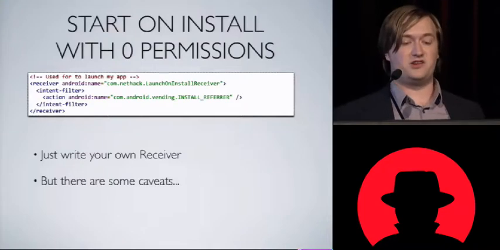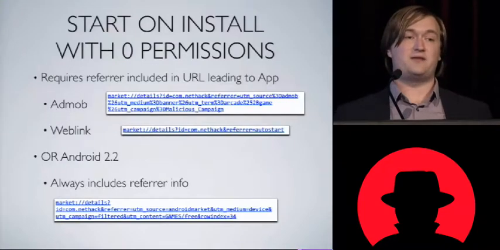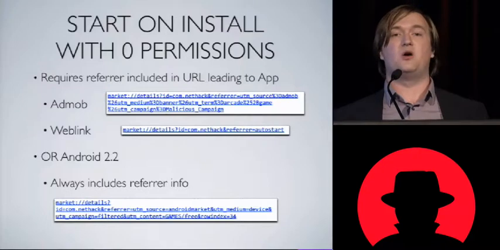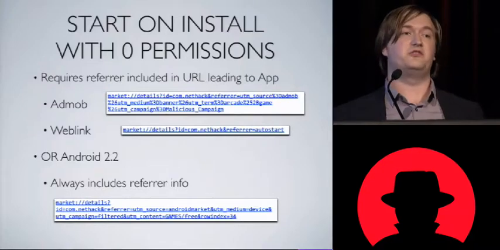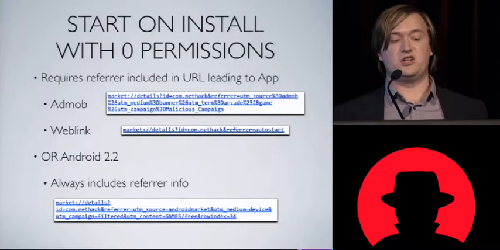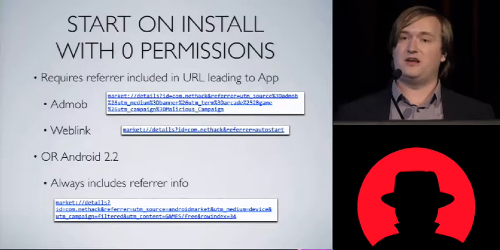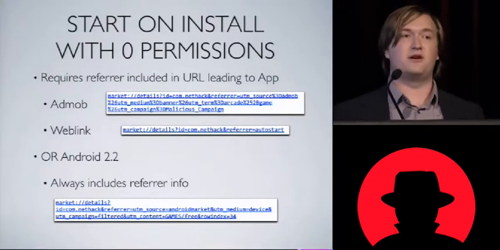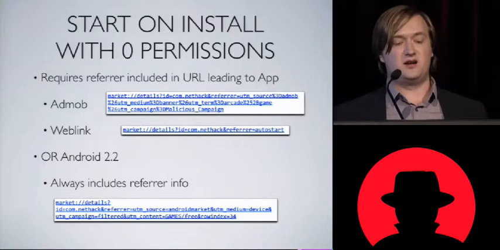There are some caveats here, namely that you have to have a referrer associated with the download. If you were just browsing through the market and you clicked on an app to install it, this wouldn't necessarily work. It would work if you clicked on an AdMob link or a web link with any sort of referrer information attached to it.